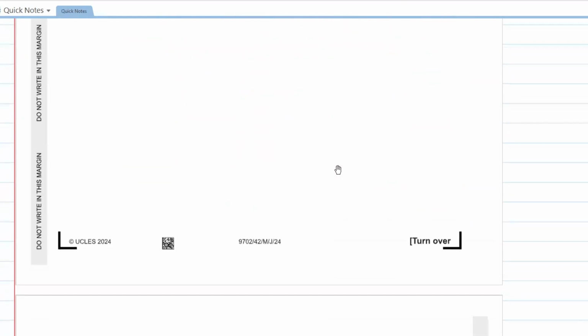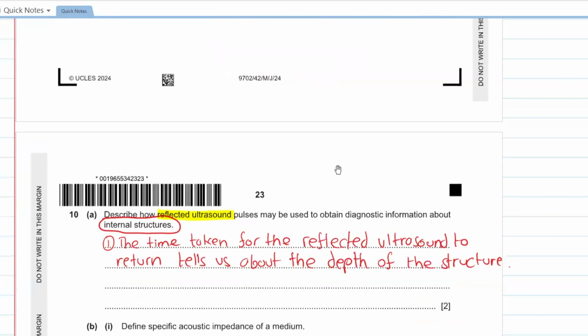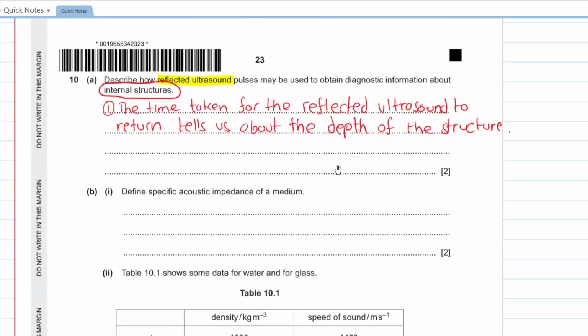Let's further move ahead. Now here, describe how reflected ultrasound pulses may be used to obtain diagnostic information about internal structures. Very, very easy. The time taken for the reflected ultrasounds to return tells us about the depth of the structure.